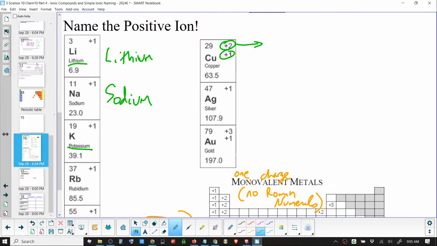It would start with copper, and then we put something after it. Yeah, Roman numeral for 2. And so for copper 1, we would have, Grayson? Copper 1. So we use Roman numerals to indicate the charge.